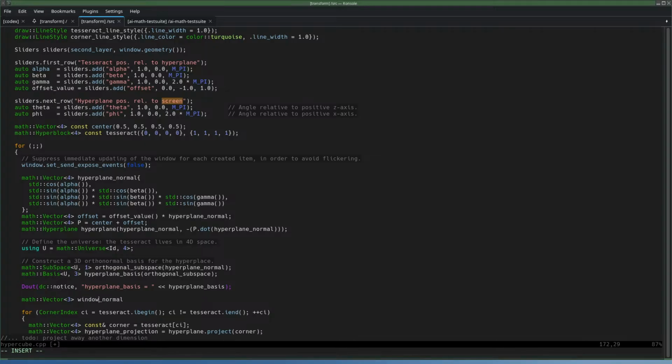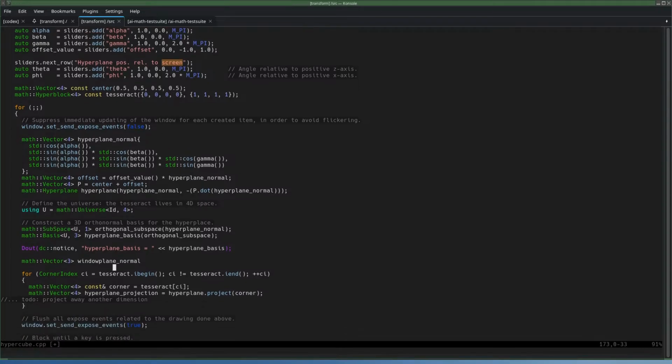The window plane. Sorry, I'm just making it one word because hyperplane is also one word. Okay, then we have the window plane normal. And that would be equal to that thing.